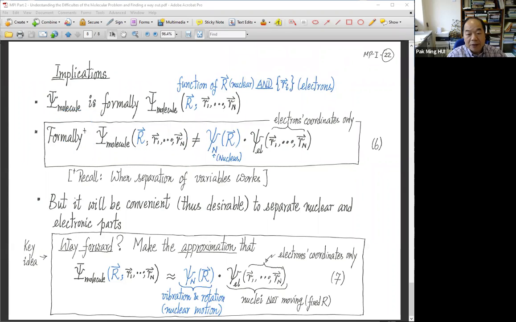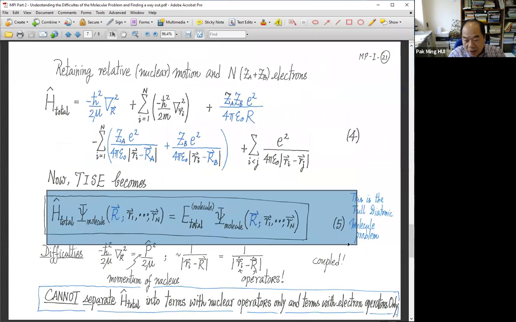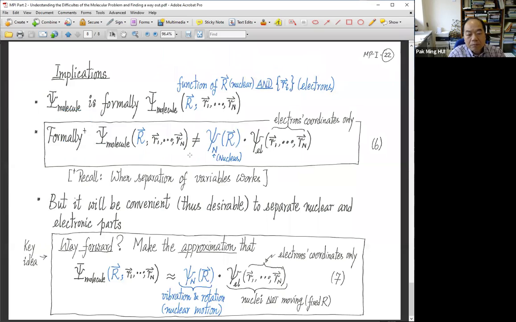But here's the point. We know what is not right. Maybe that's a way to do physics, okay? So we know that formally it is like this, not separable. Formally, you cannot do that, okay? But we see the advantage of doing that.